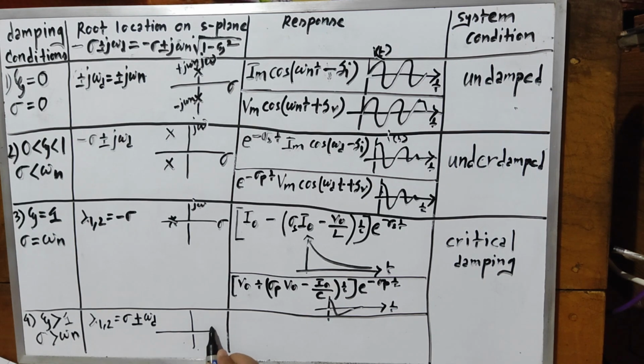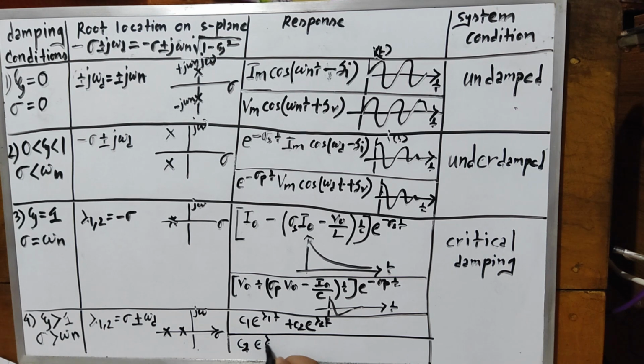In the complex s plane, the roots are like this, not the same. So the equation is c1 e to the power lambda 1 t plus c2 e to the power lambda 2 t. I didn't do the extra derivation here. So this is the current response and this is the voltage response. They're basically the same.